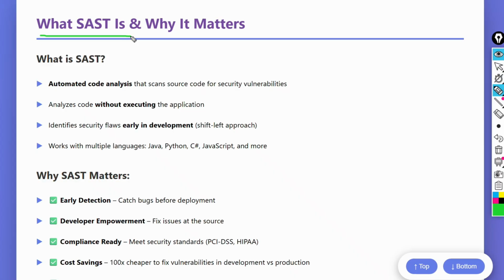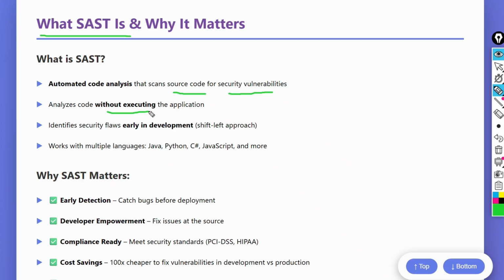Basically, it is an automated code analysis that scans the source code. The source code is the input for this. It scans for security vulnerabilities. The important point is that it analyzes the code without running the application, and that is exactly why it is called SAST.